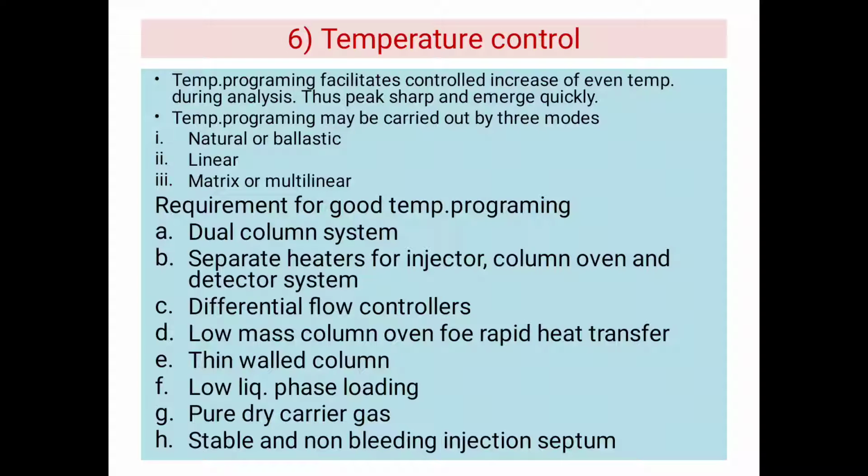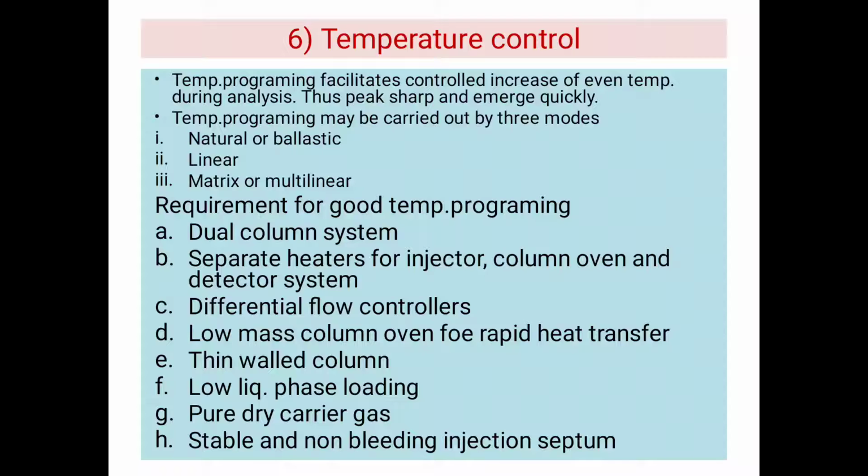Temperature programming is carried out by three modes. The first is the natural or plastic mode, the second is linear, and the third is the matrix or multi-linear mode. By using these three modes temperature programming is carried out.